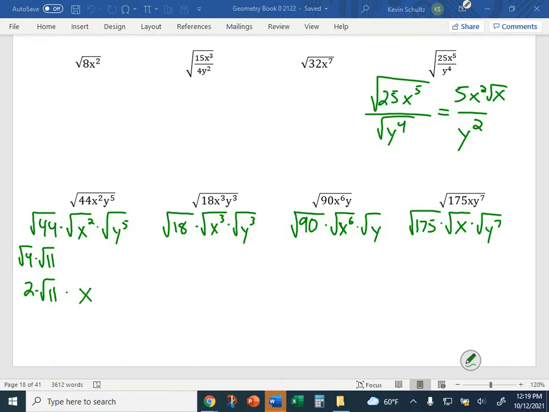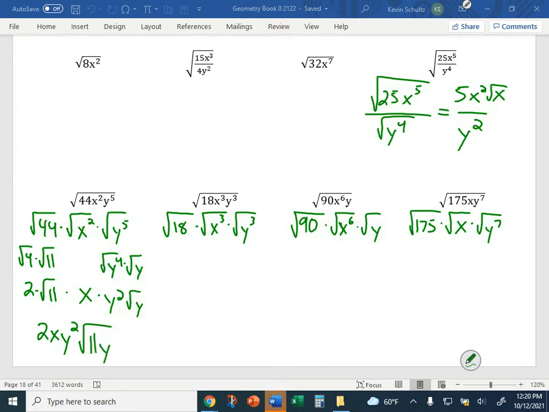And root y to the 5th gives us root y to the 4th times root y. We subtract 1 to get that even power. That simplifies to be y squared root y. Put it all back together. Everything outside the root stays outside the root. That's our 2, our x, and our y squared. Everything under the root stays under the root. That is our 11 and our y.